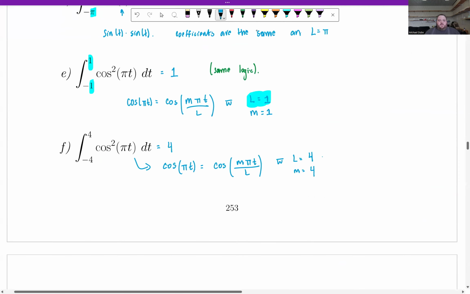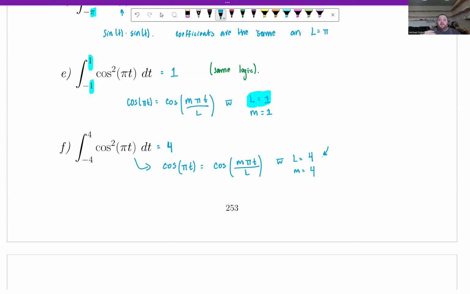Okay, good. And this also works because remember, a period of a function times some positive integer is also a period for that function, right? So this could have a period of 2 pi, but it could also have a period of 8 pi. Sorry, that was wrong.